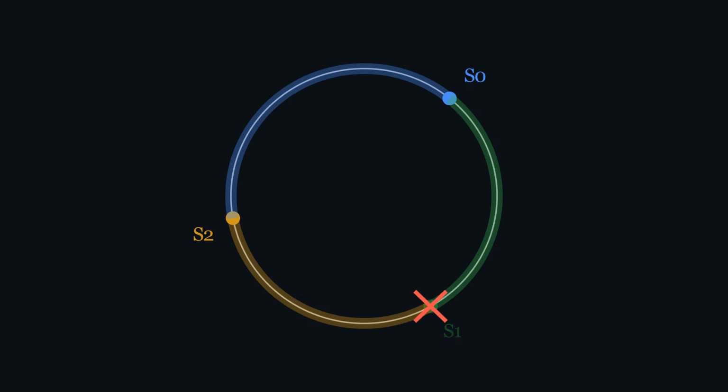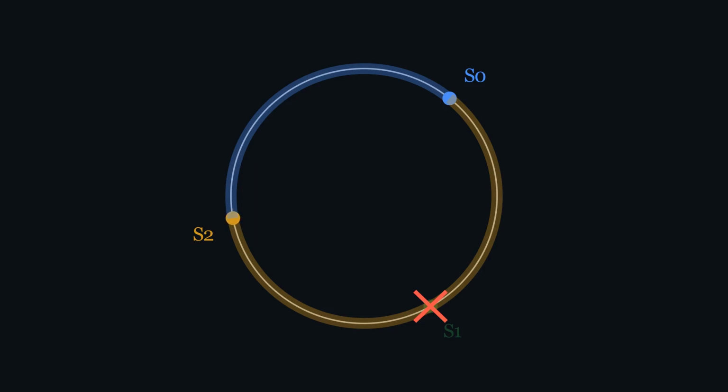Now watch what happens when server 1 dies. Its arc doesn't scatter across the cluster. Every key that belongs to server 1 just continues walking clockwise and lands on server 2. That's it. What about keys on server 0?